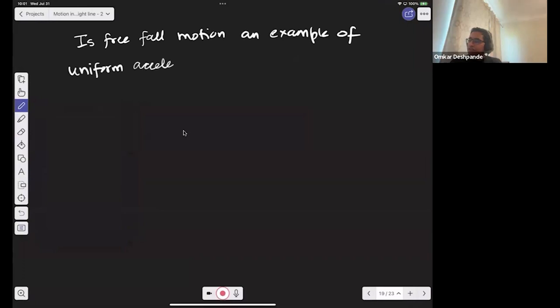I'll write that question down. Is free fall motion an example of uniform acceleration or not?